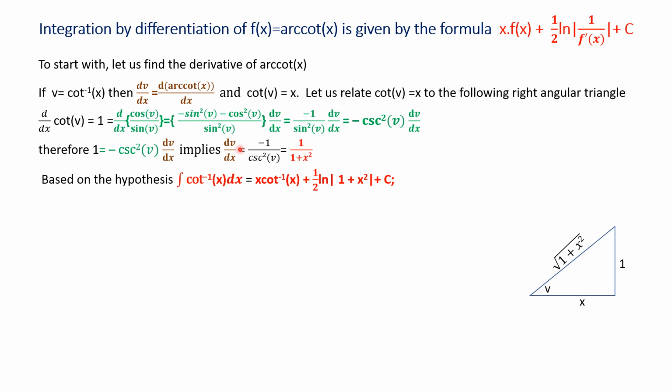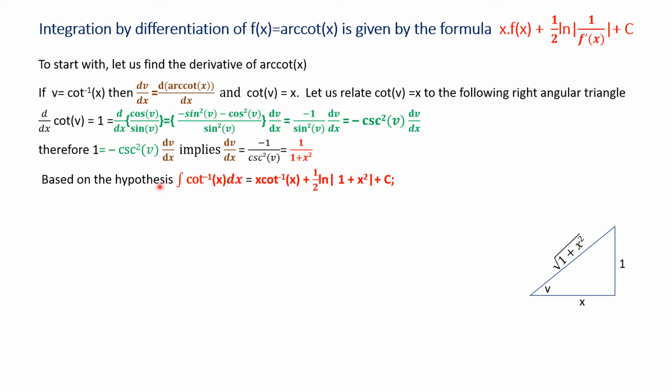So dv by dx is the derivative of f of x. So we have to get the reciprocal of the derivative to get 1 divided by f prime of x. And that reciprocal will be 1 plus x squared plus constant. And that is what we claim by the hypothesis to be the value of the integral of the left-hand side.